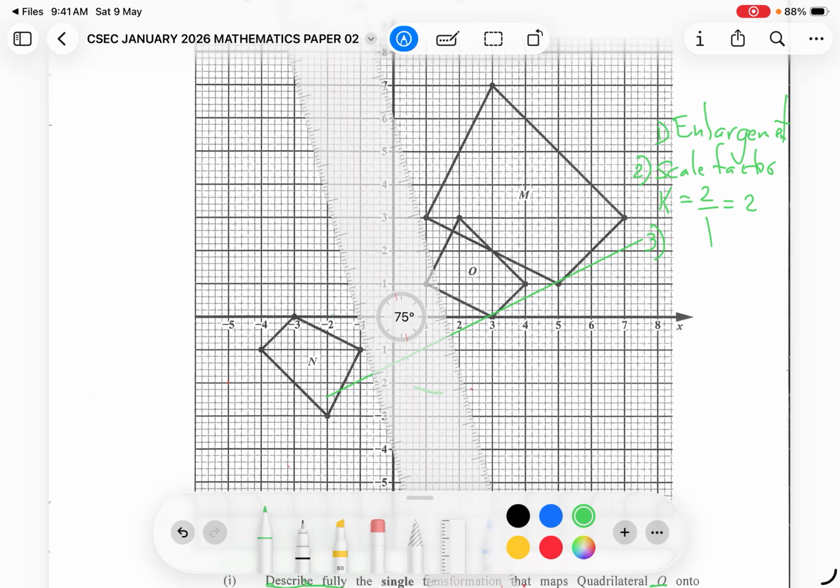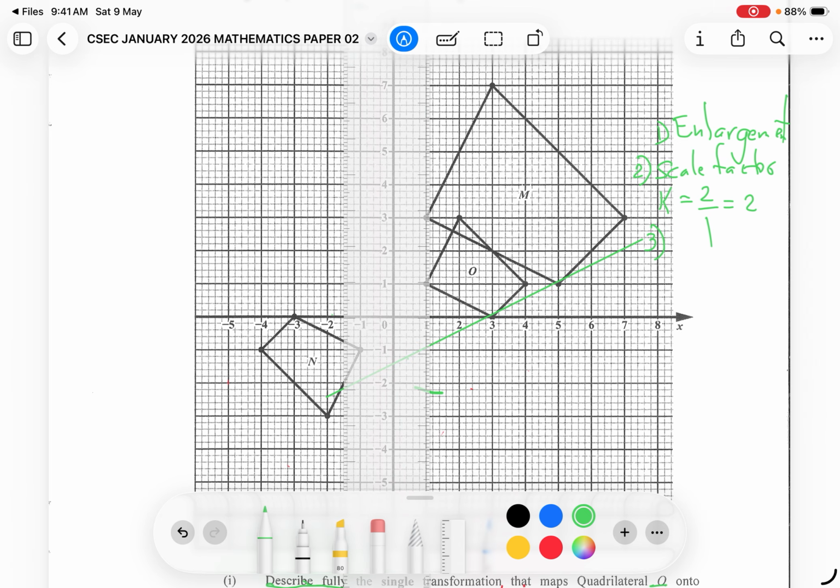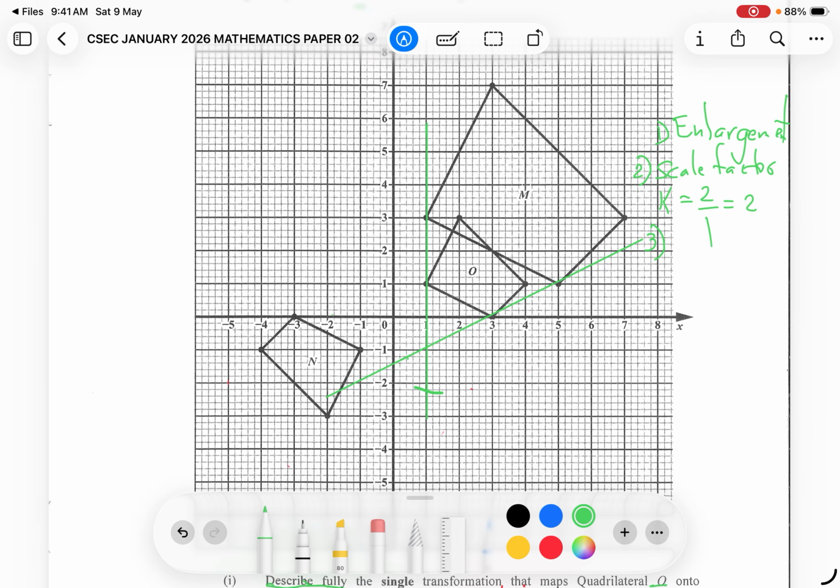And when I say corresponding, when you look at the object and the image, they should be representing the same position on the 2 shapes. So I will also align those. What am I searching for? I'm searching for their point of intersection. Where do the 2 lines connect? They meet right here. That becomes my center of enlargement.